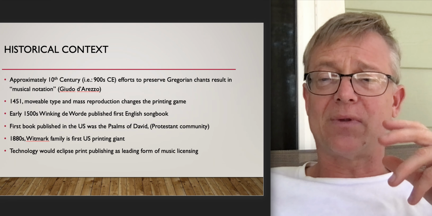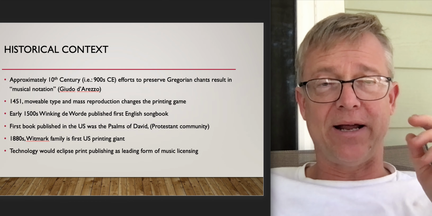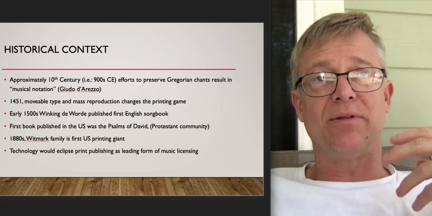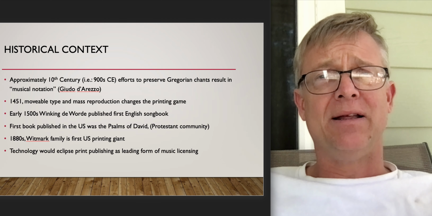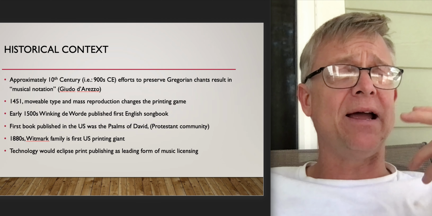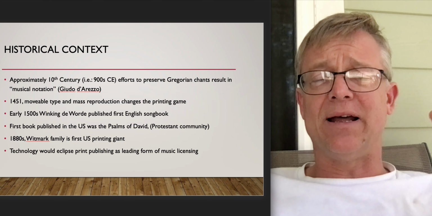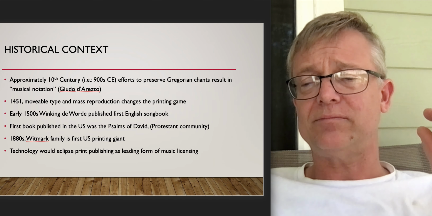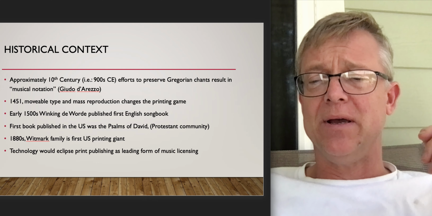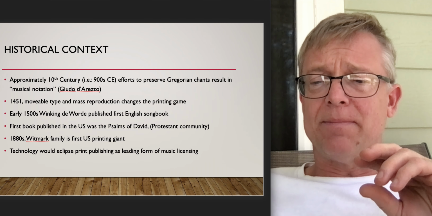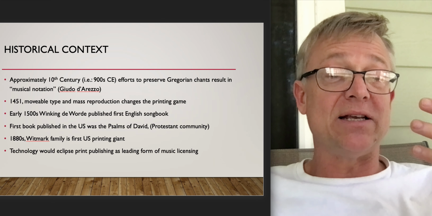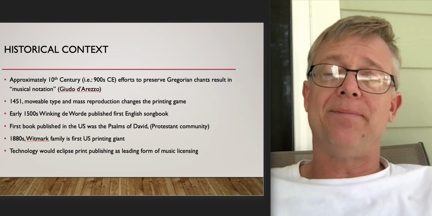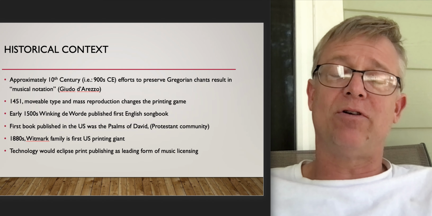And then of course we go through Edison's cylinder and the 45 or the 33 RPM vinyl record, and then magnetic tape, the 8 track, on down the line to the CD, MP3, etc. And so the march of technology, of course, is going to eclipse, or render less valuable in any case, print publishing as the leading form of music licensing.